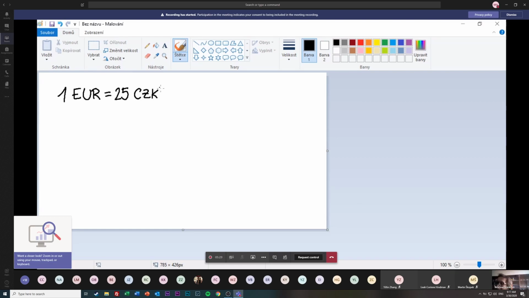Okay, but at the same time I can write another shape, that 1 Czech crown is for, if you do 1 divided by 25, then it is 0.0400 euros for 1 Czech crown.